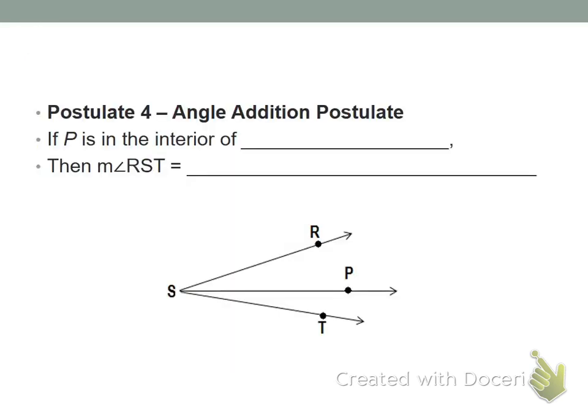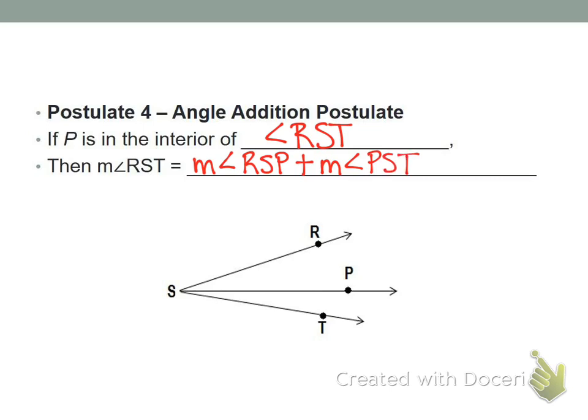All right, continuing on, we've got a new postulate, the angle addition postulate. If P is in the interior of angle RST, got a diagram to use here, then the measure of angle RST, that's what this little m stands for, measure of angle RST, is equal to the measure of angle RSP plus the measure of angle PST.